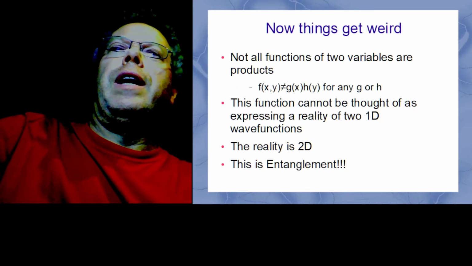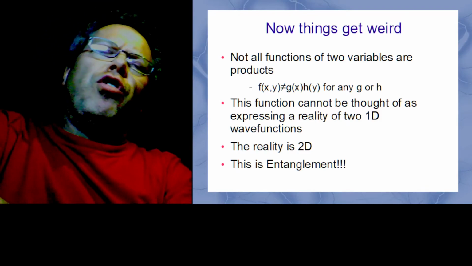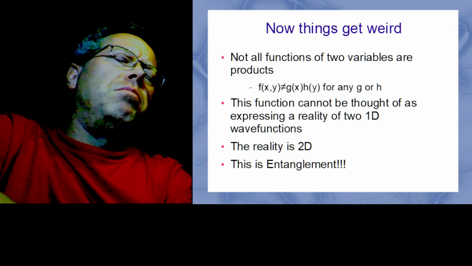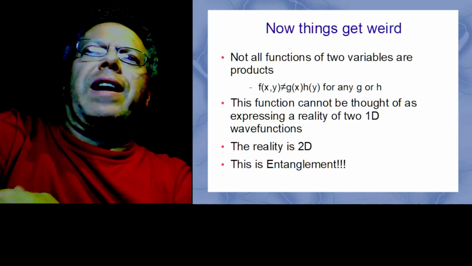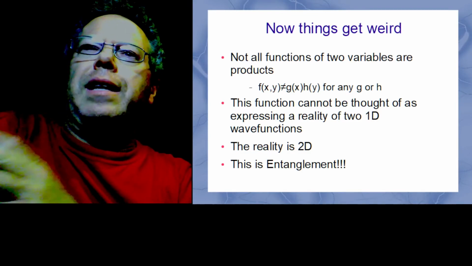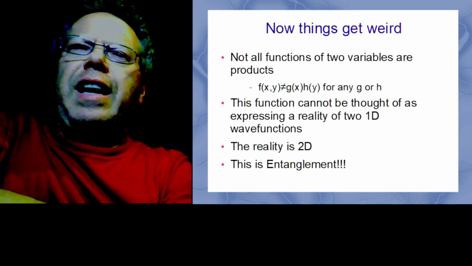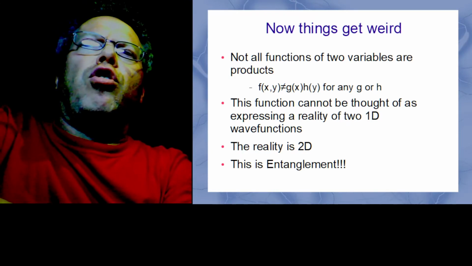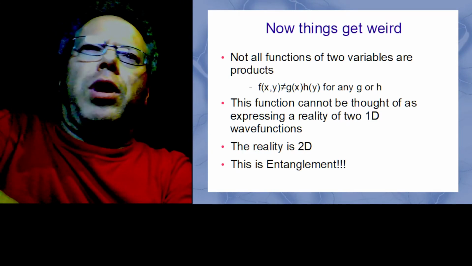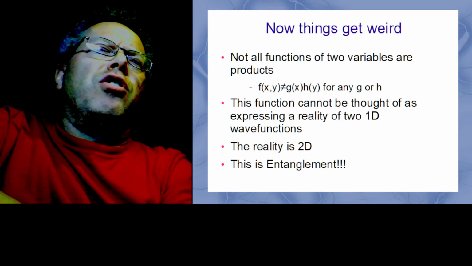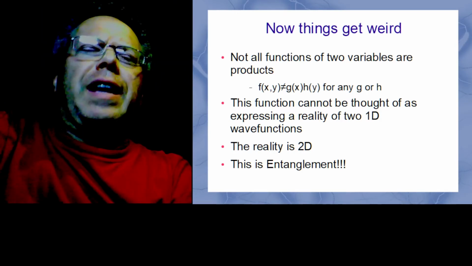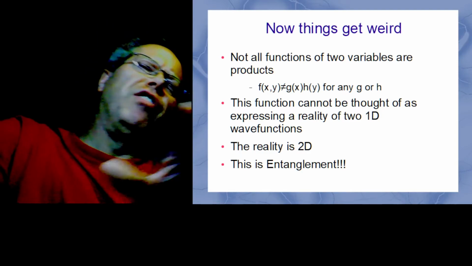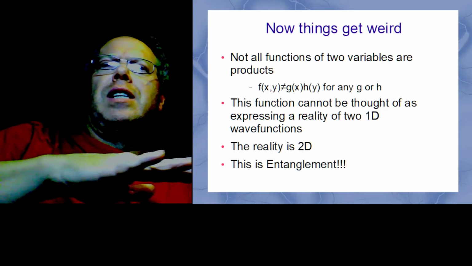Okay, so now things get a little weird, because so far this picture has been isomorphic. I can think of this as line land or plane land. But not all functions are product functions. So I couldn't take a general function on that 2D space and break it up and think of it as one function moving one way and one another.